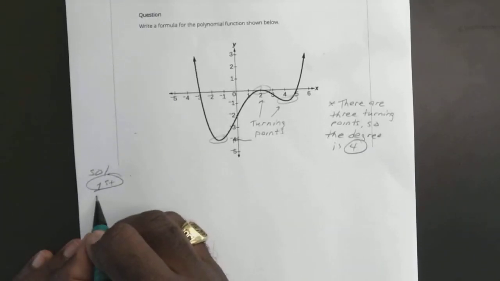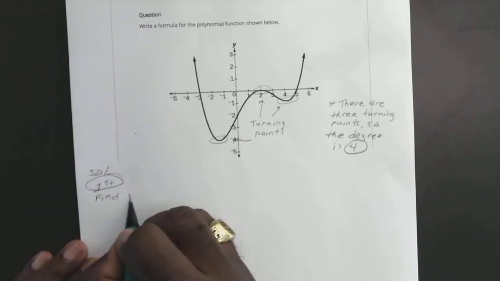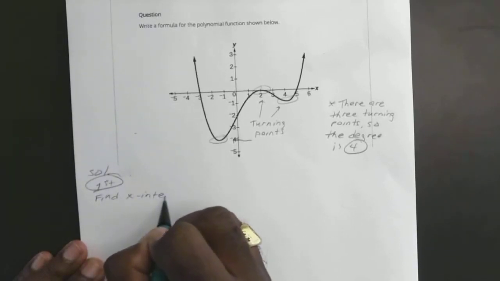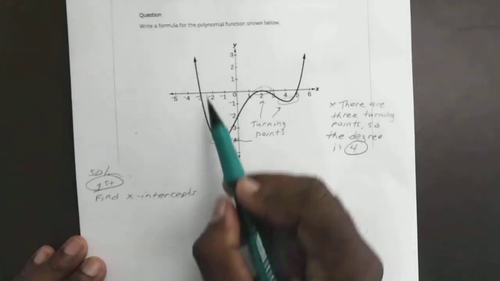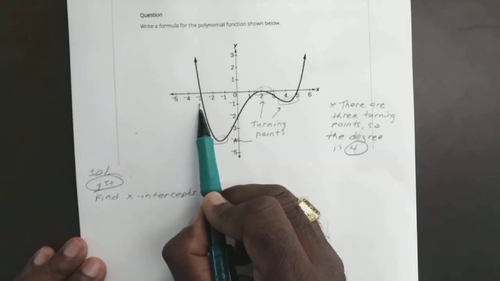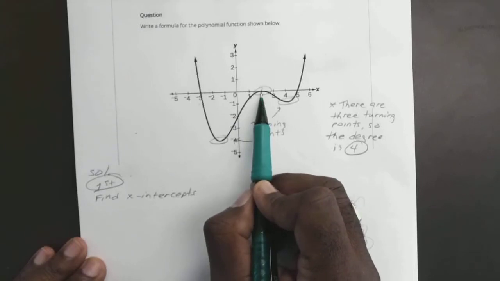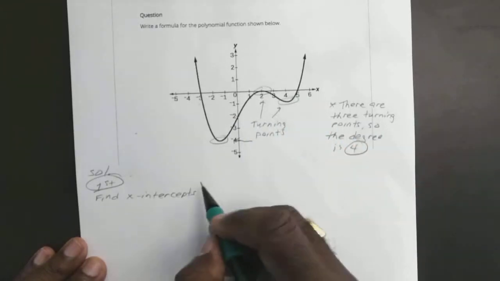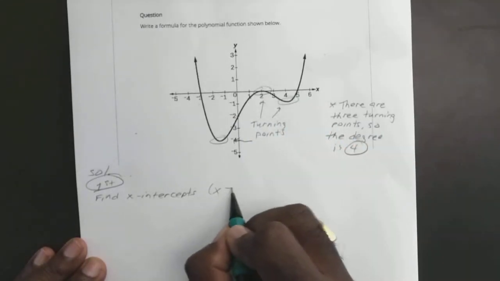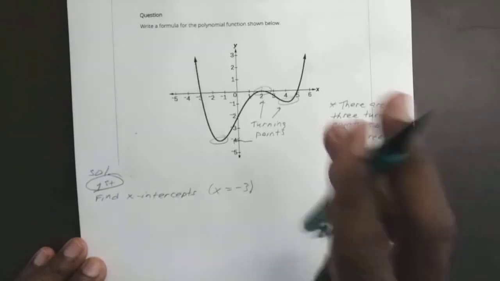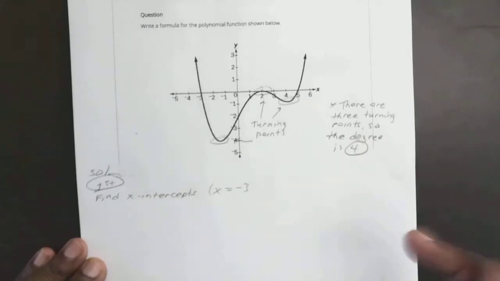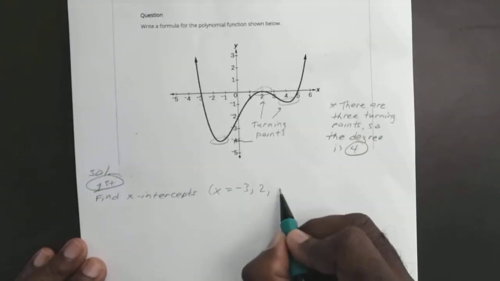Okay, so we know your first step, you have to find your x-intercepts. We can see here, it crosses the x-axis at -3, 2, and 5.